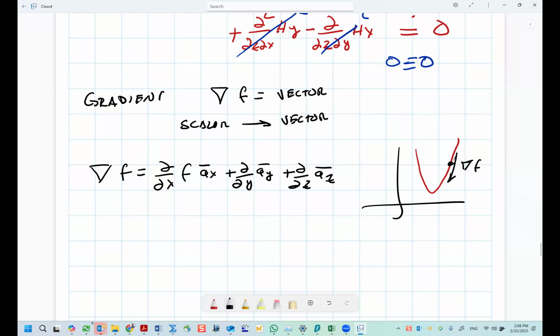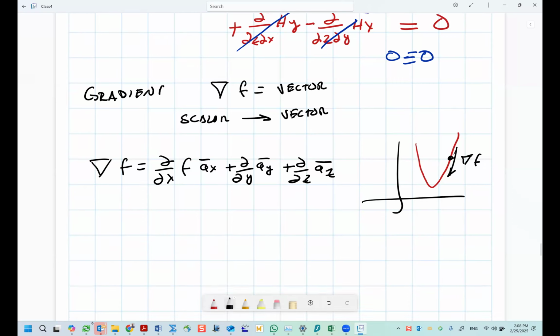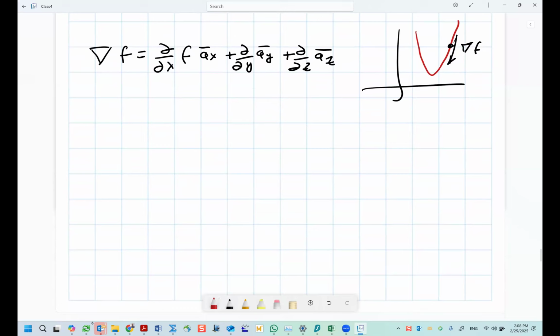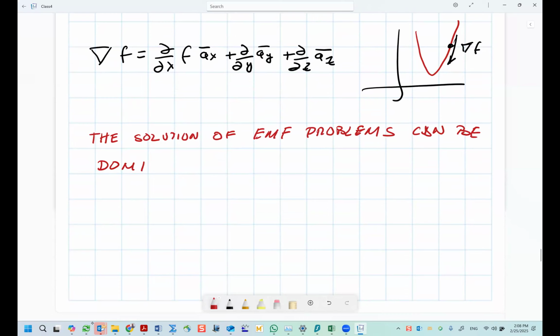There are two ways in which we solve electromagnetic problems. The solution of EMF problems can be done by fields or using potentials.